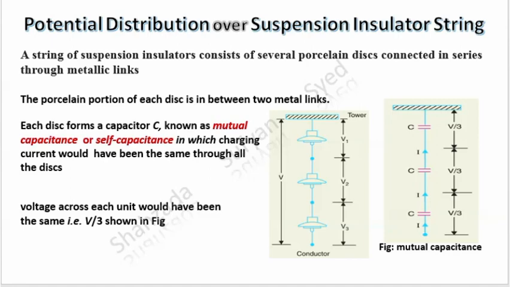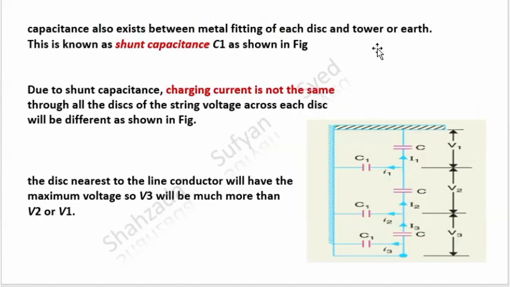In actual practice, there exists another capacitive effect between the insulator disc and nearby tower. This capacitive effect is known as shunt capacitance, and this shunt capacitance is shown in this figure by C1, C1 and C1.